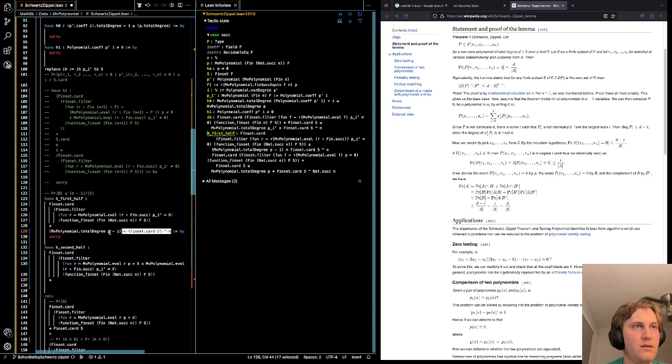This is just going to be, what's the label of this?